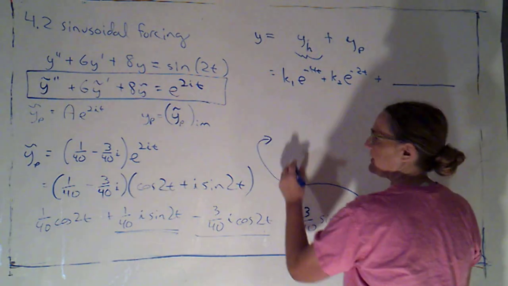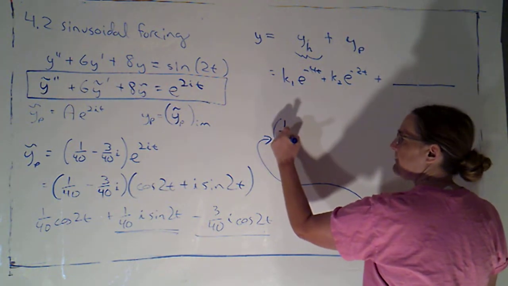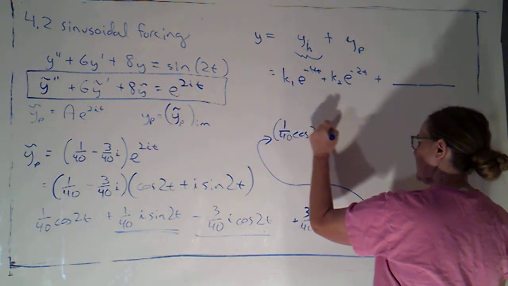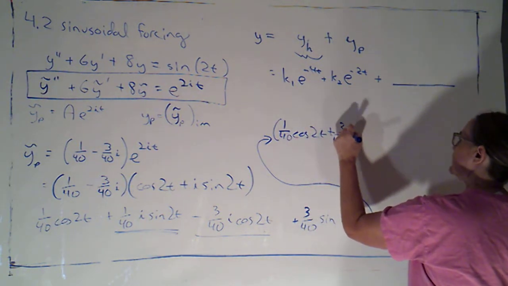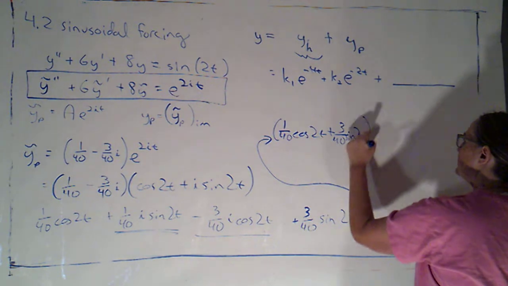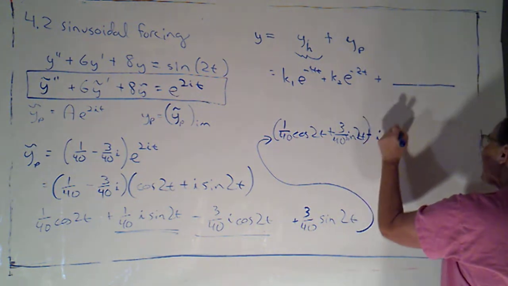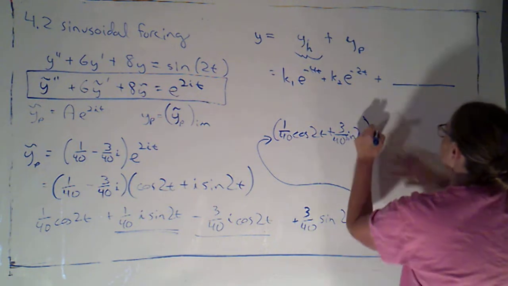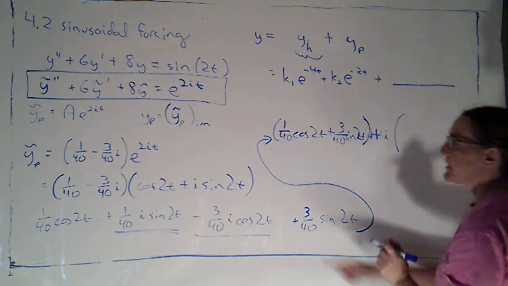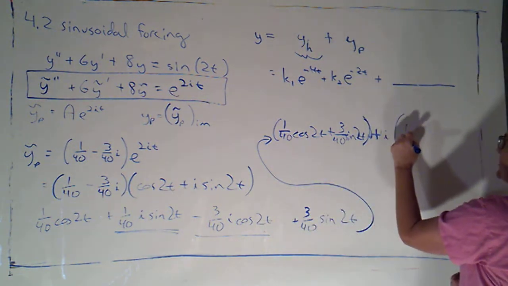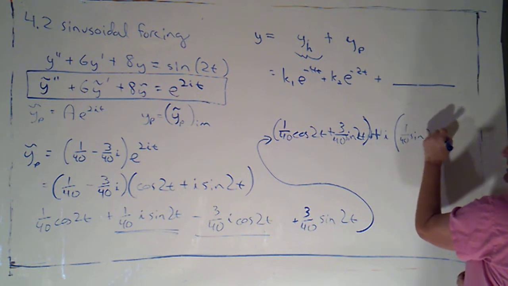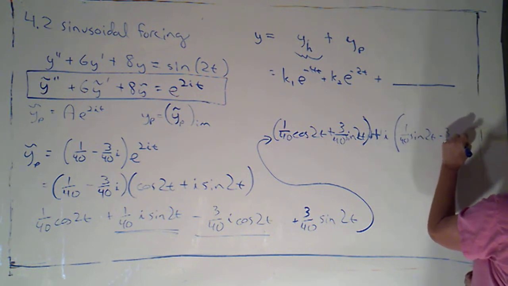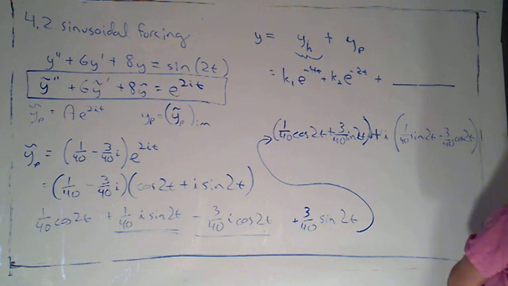I'm just going to write this whole thing out. 1/40th cosine of 2t plus 3/40th sine of 2t plus i times 1/40th sine of 2t minus 3/40th cosine of 2t.